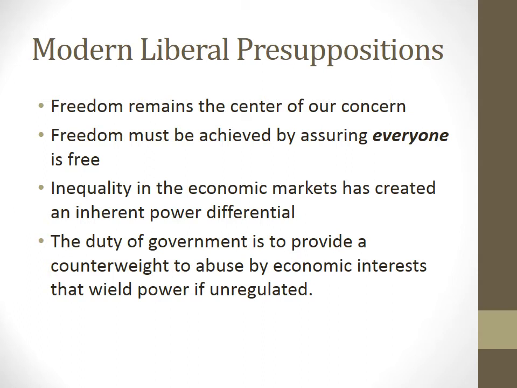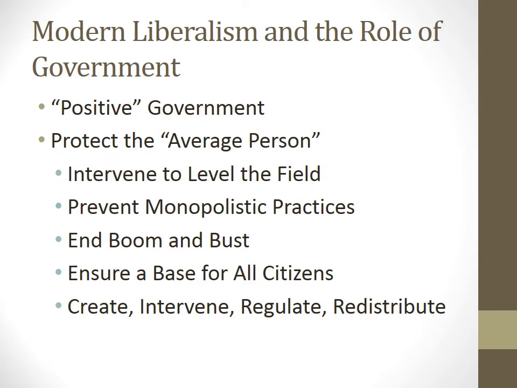And so economic inequality is something that will inhibit freedom for many of us, most of us, and as a result, government needs to step in to be a counterweight or to soften the edges of free market capitalism. So again, modern liberalism is a capitalist approach to government, but one that says the government now has a positive role. So we have this notion of modern liberalism and positive government.